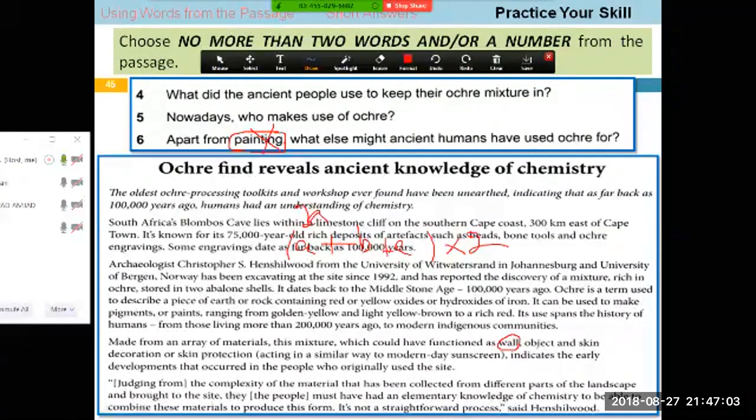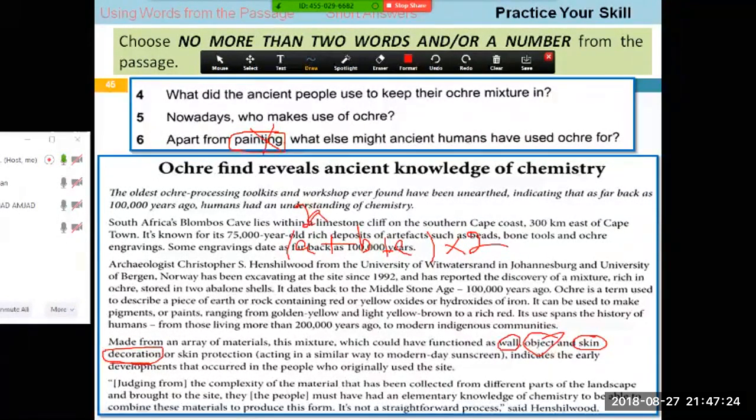That means wall decoration, object decoration, and skin decoration. This decoration is with all these three words. Agreed so far? Any confusion? Any doubt? Abdurrahman, is that clear?